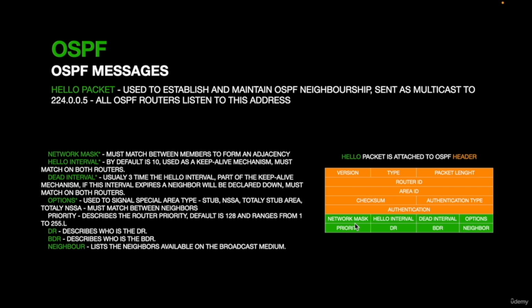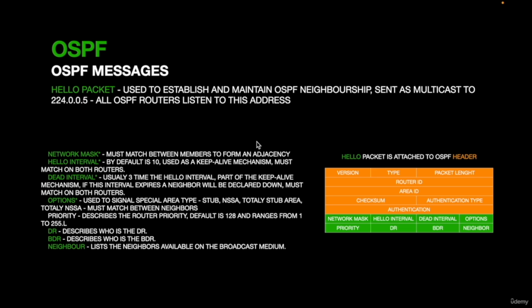It will contain the network mask, and if two routers are exchanging hello messages, the network mask should match between one segment, or between the interface that is connected to router A, which is connecting to router B. They must have the same network mask.